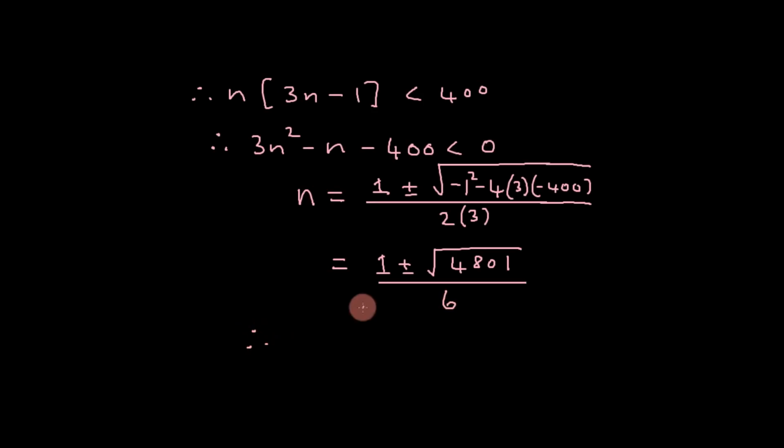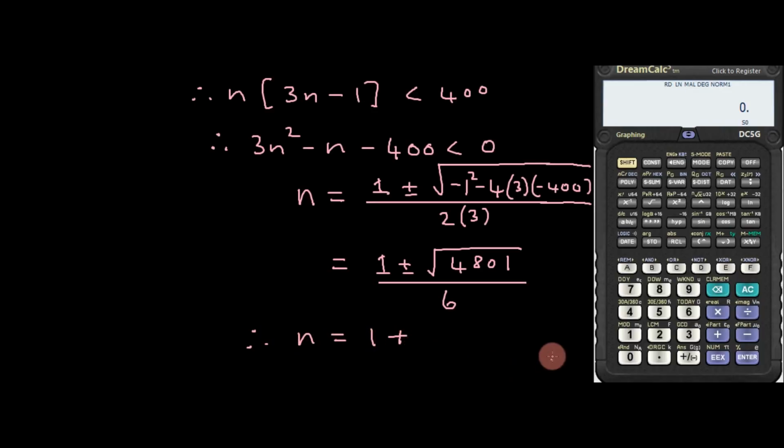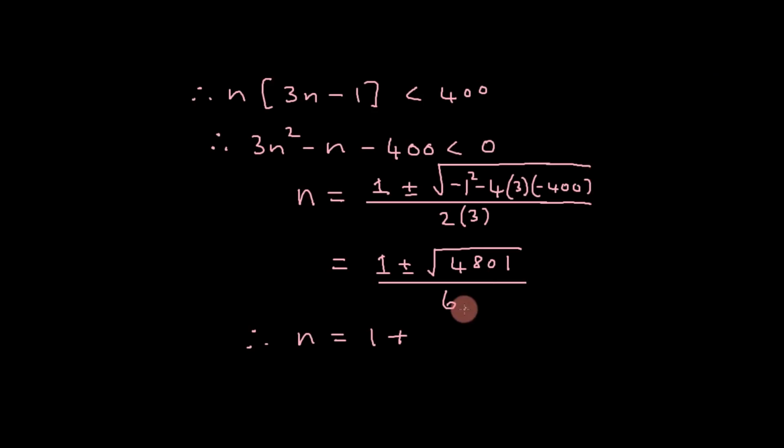Once again, we can discard the negative. So n will be 1 plus, and we can work out the square root of 4801. And it's 69.29 rounded off to 2 decimal places. But we're going to keep all the decimals because you want to round off only the final answer. So 69.289, etc. All divided by 6.